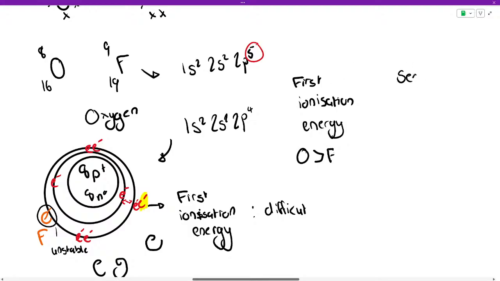But for second ionization energy, you would say that I've already removed one electron. So now we're working with 2p4 for oxygen, meaning it's going to be difficult again, but fluorine is 2p5 minus one, 2p4 versus oxygen's 2p3 because we already lost one. Therefore, fluorine requires more energy than oxygen.